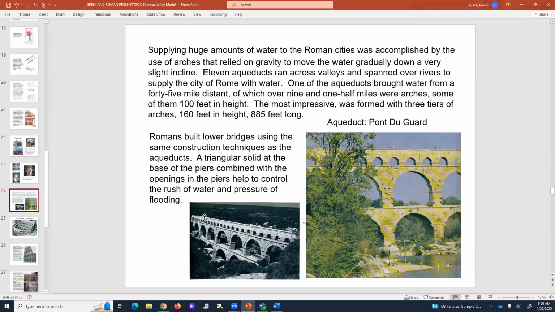Just like anything in life, you start to design something and it's working, but it's not perfected. Over time, the water's rushing onto those columns, and in order to divert the water, they came up with the design of these huge triangular piers at the base so that the water can go around the column, which makes sense.